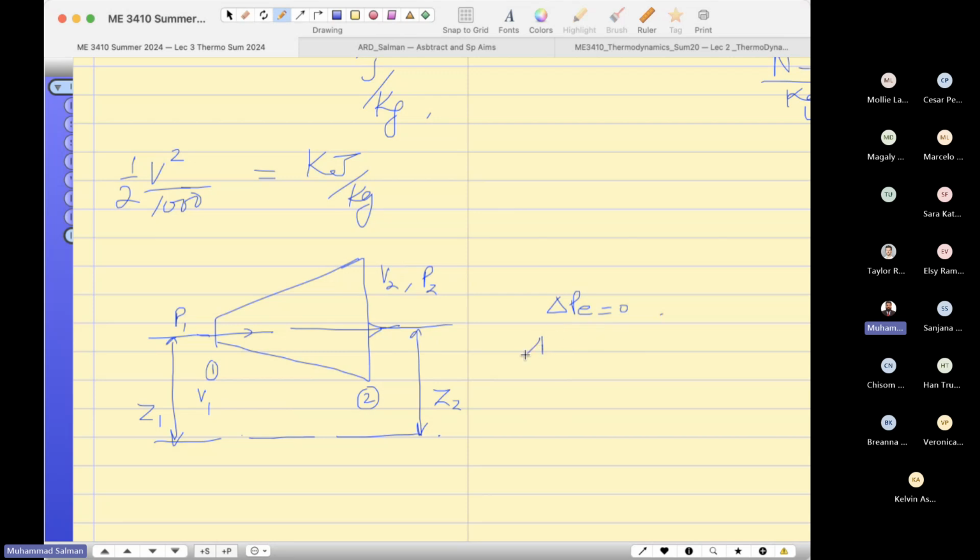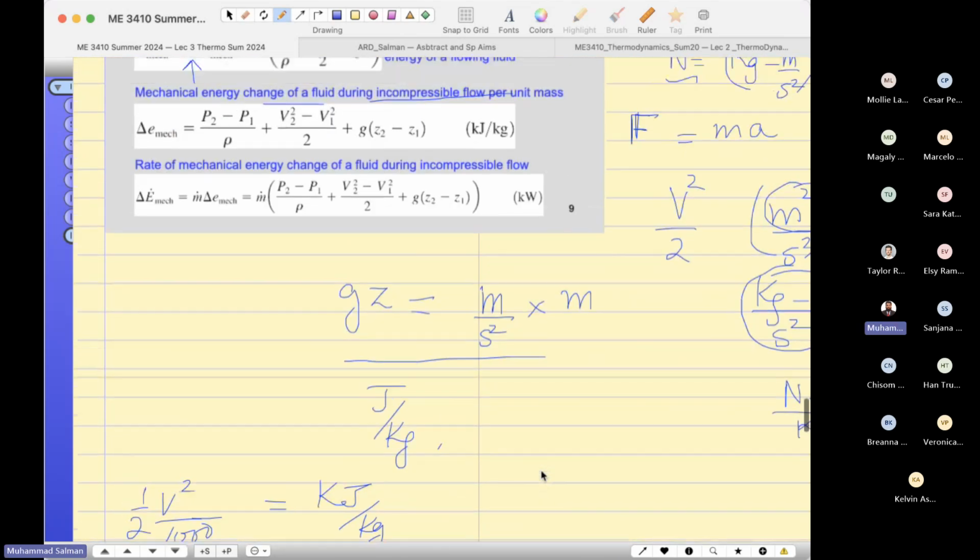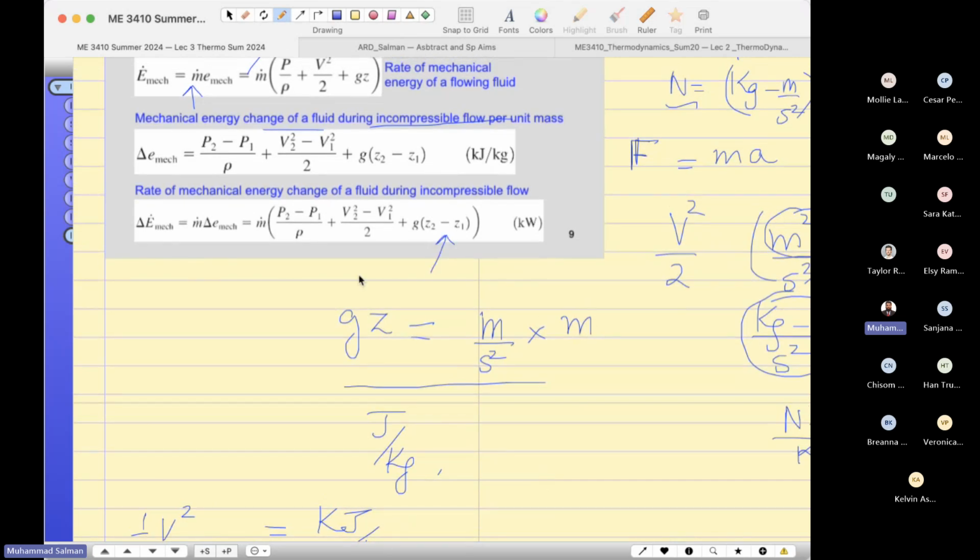So delta pressure energy would be equal to P2 minus P1 over rho, and delta kinetic energy would be equal to half V2 square minus V1 square. This is how you will write down each term, like g times Z2 minus Z1, and then you multiply by the mass flow rate to convert into power. The unit of power is kilowatts.